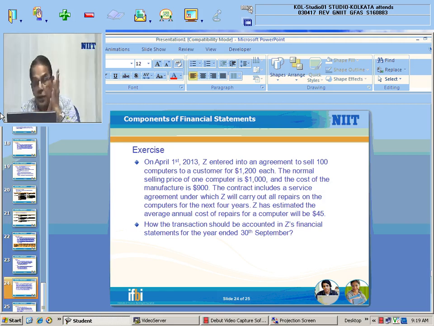So in Z's financial statements, the remaining part of the service revenue, that is $175 per computer, will appear as deferred revenue, as a liability, not as income. Is that clear? Any question on that?